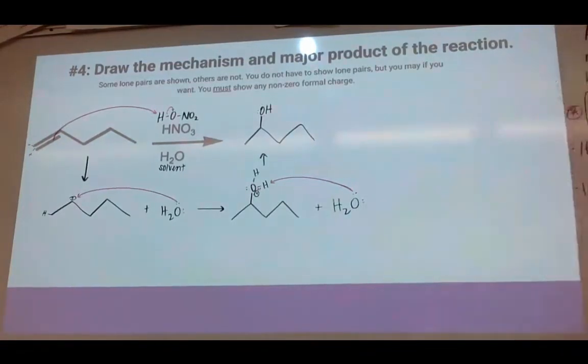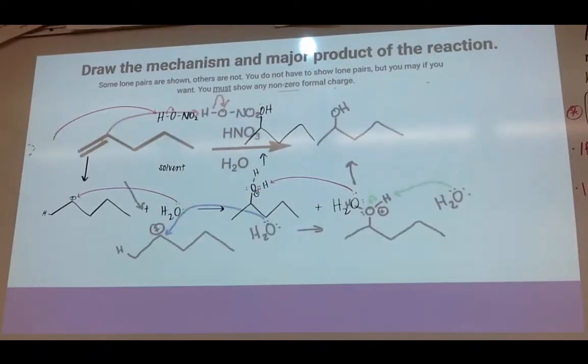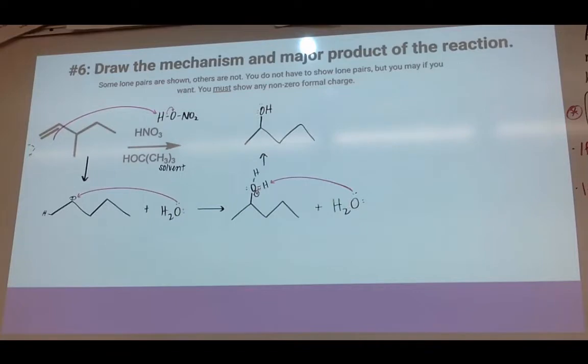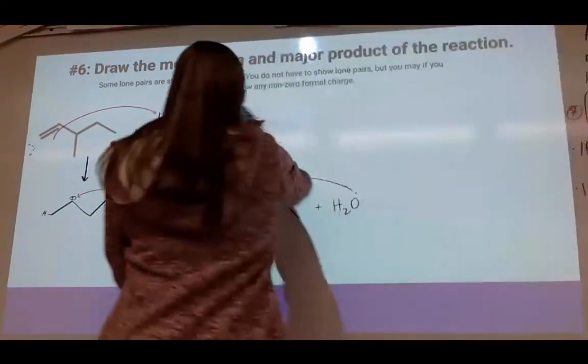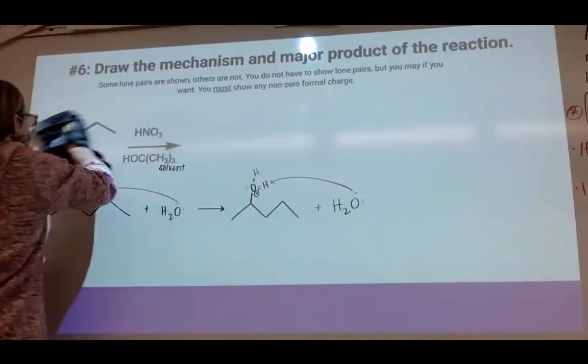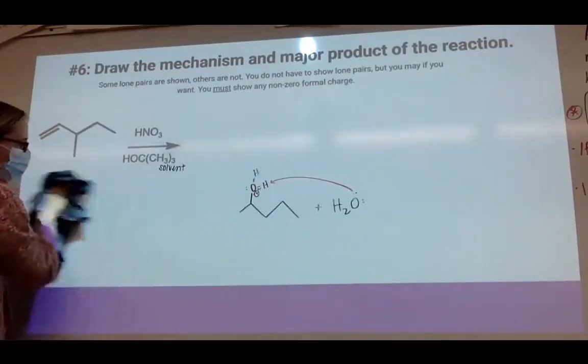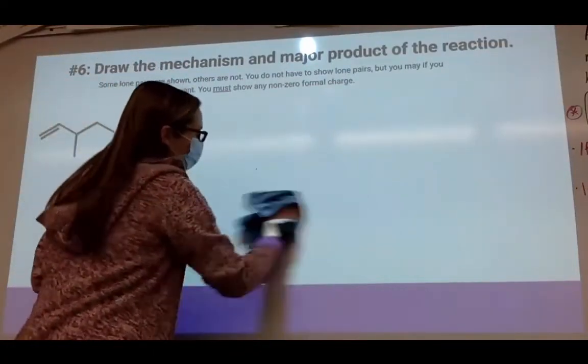All right, so the next one that we're going to look at, and these are in the Do Now slides as well, so just these two, but we're going through them together as well. We're going to look at number 6. Now take a look at what's over the arrow.